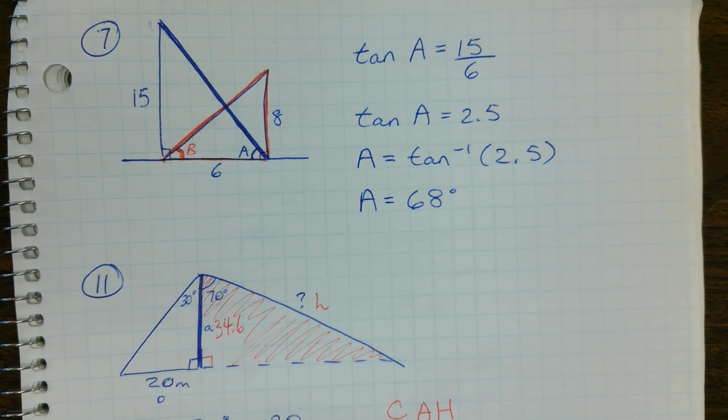Number 11. Okay, so number 11, the question broke it up into three parts for you guys. So it was asking how high is Captain Jack, and then it asks you how long the ship is, and then it asks you how long is this wire, this dotted line.